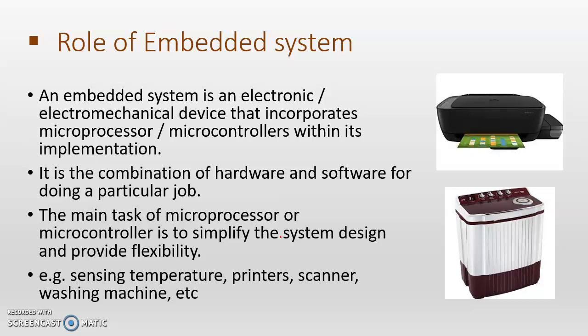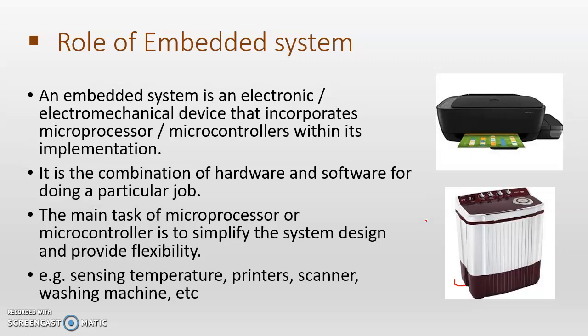It contains a microcontroller. That program is fixed. Similarly a scanner, or a washing machine. Nowadays there is a fully automatic washing machine. It contains various programs which are stored in the microcontroller. With the help of keys we can set the different programs and your job will be done.